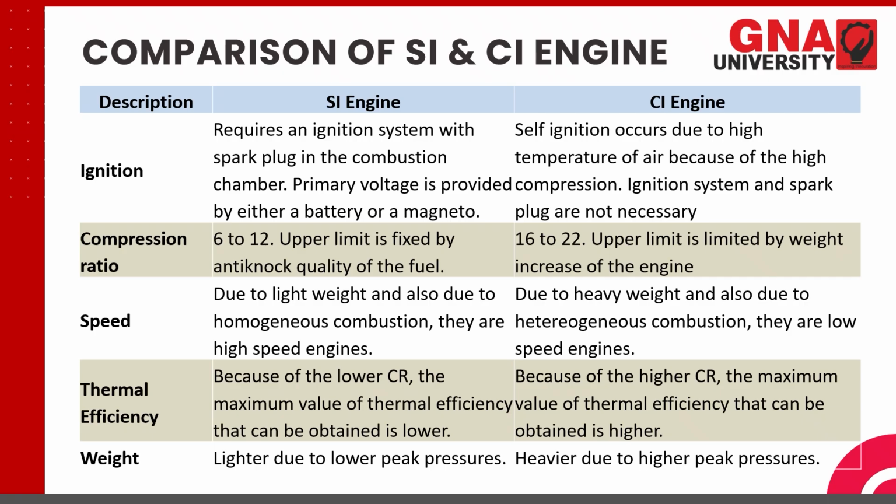Whereas in CI engines, the compression ratio can be as high as 16 to 22, and here knocking will not take place by the increase in temperature. We will be discussing knocking in subsequent lectures.